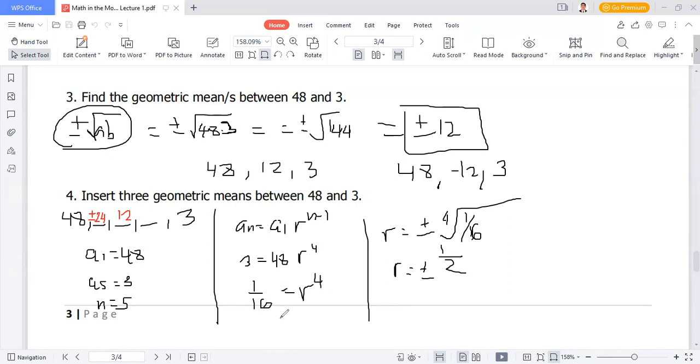And then 12 times positive negative 1 half. So positive negative 6. Positive negative 6 times positive negative 1 half, positive 3 lang. Okay? So this will be the answer. 3 geometric means. 48, positive negative 24, positive 12, positive negative 6, positive 3. Okay?